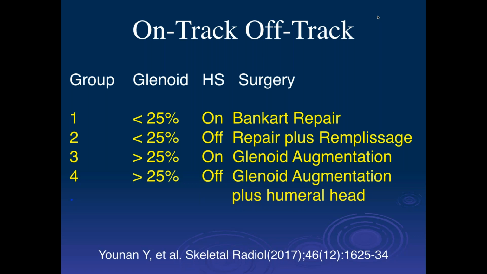You don't really know what kind of motion you're going to get at the time of surgery because the patient is asleep. When you examine, the patient cannot move the arm as much as you want to.